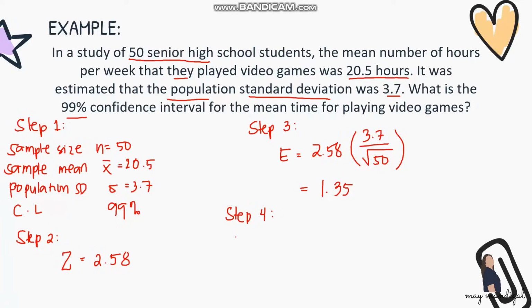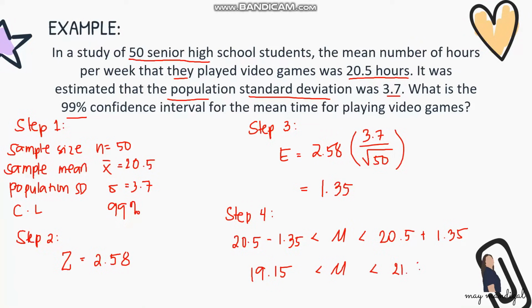So we have the mean, which is 20.5, minus our margin of error, 1.35, and then 20.5 plus the margin of error. Therefore, the interval that we will get is 19.15 up to 21.85.